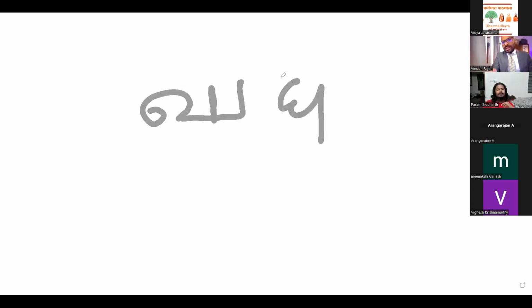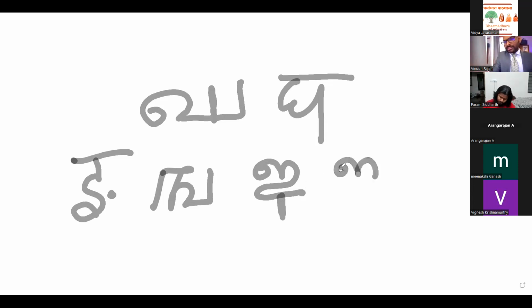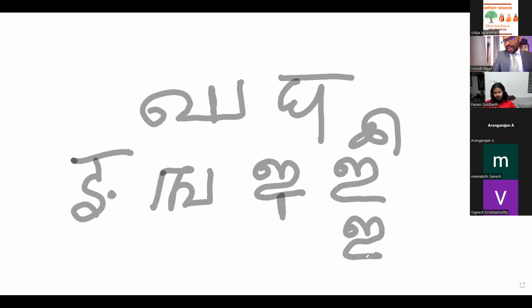That's Gha, and you have nga, right? Which is basically Ka with a line at the bottom, right? So if it's without the line, it's Ka, and if it has a line, it's Nga.